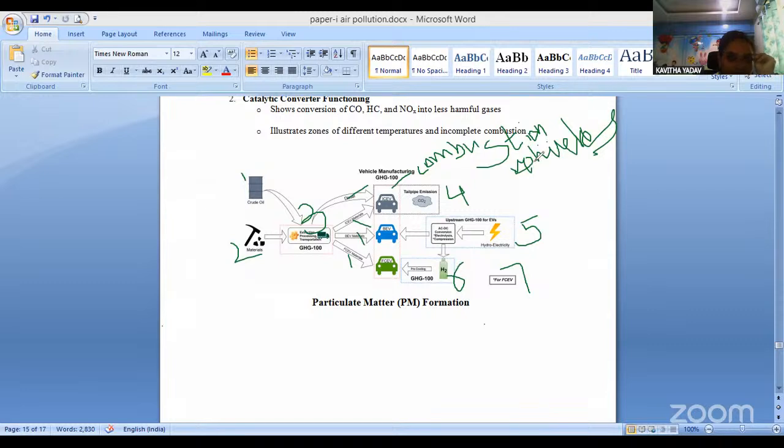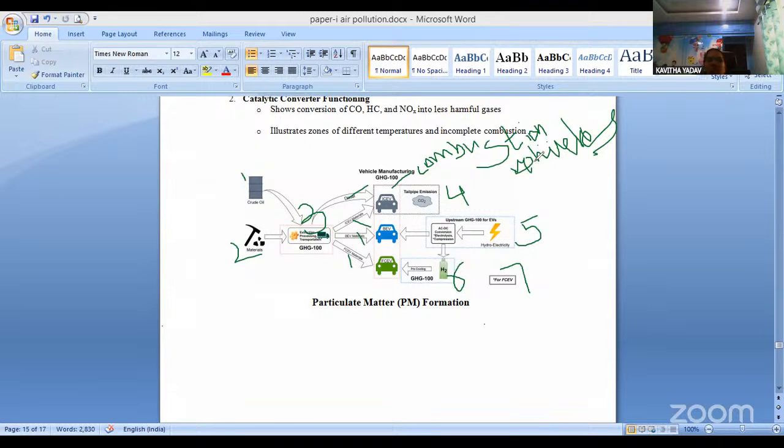Then coming to the middle one, it gives only some amount of emissions, not complete emissions. The first one gives combustion, CO2 will be emitted, and the last one is the electric vehicle. That's why they mentioned it as a green vehicle.